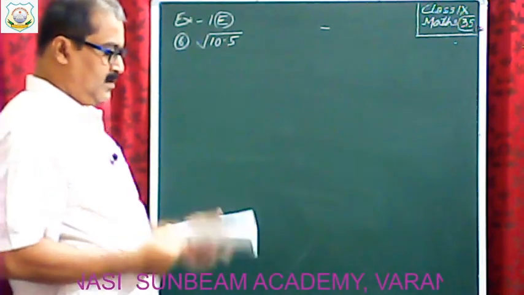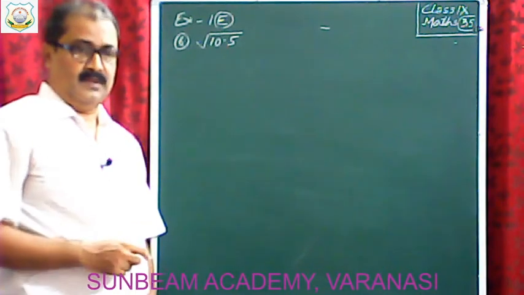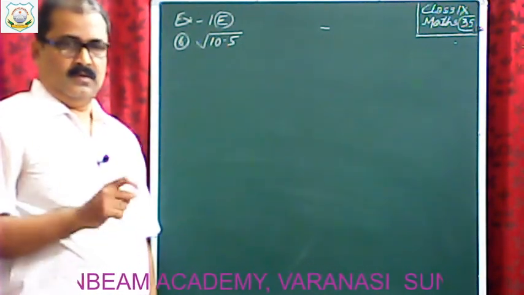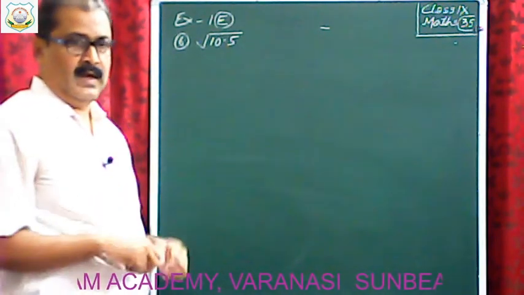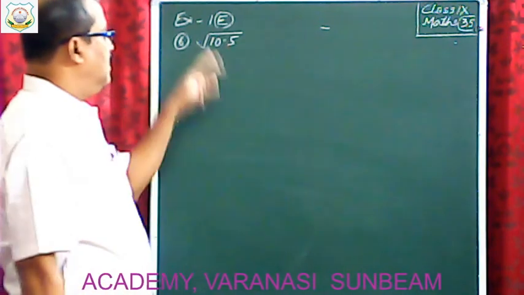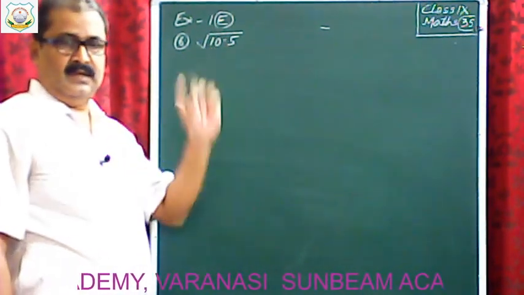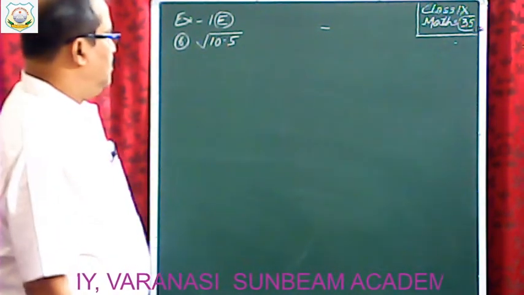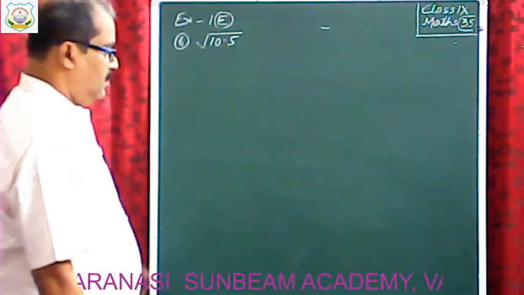Now the radicand is given in decimal form. In previous questions we had the radicand as a whole number, but in these questions the radicand is given in decimal form. Clear? So how to represent this on the number line? Let's see step by step.